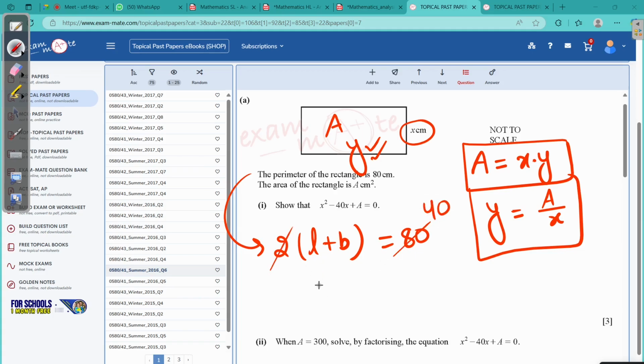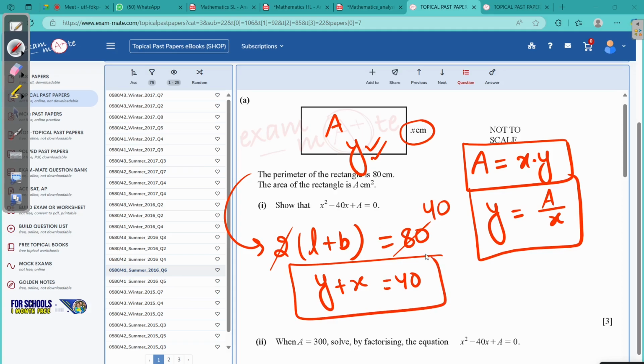So L plus B: L is y, B is x, equals 40. But we don't need our equation in terms of y. We need x and A. So I will replace this y with the expression A over x. Now write A over x plus x equals 40.